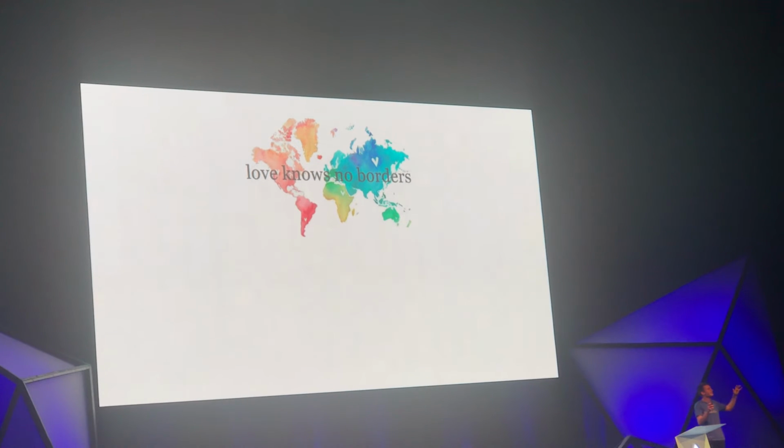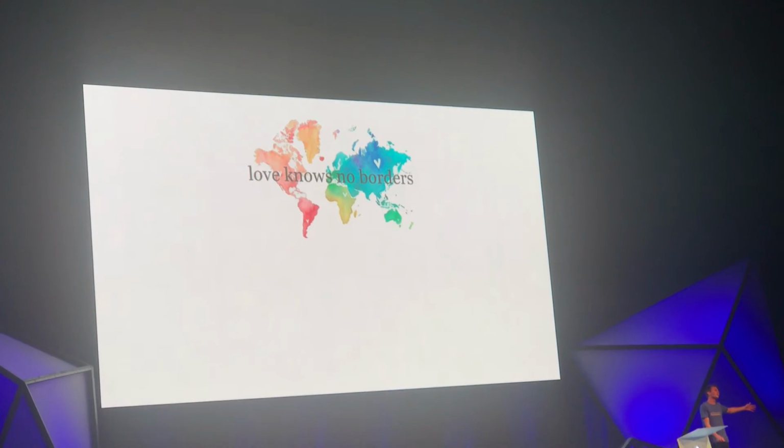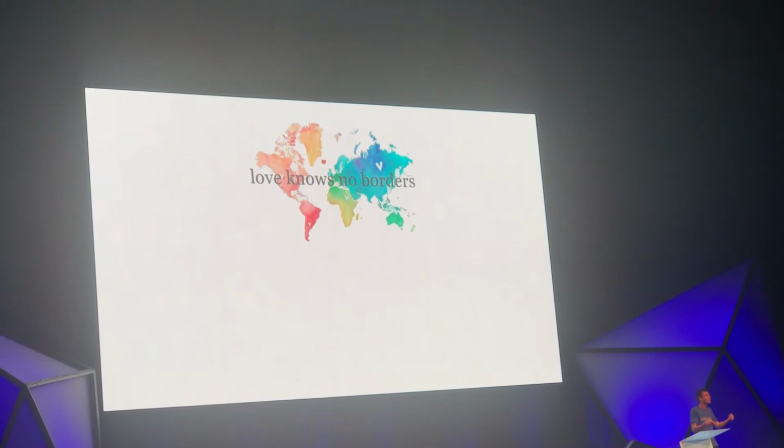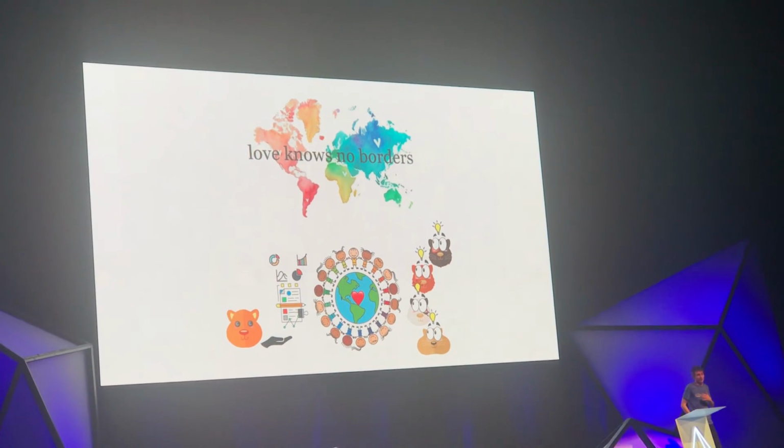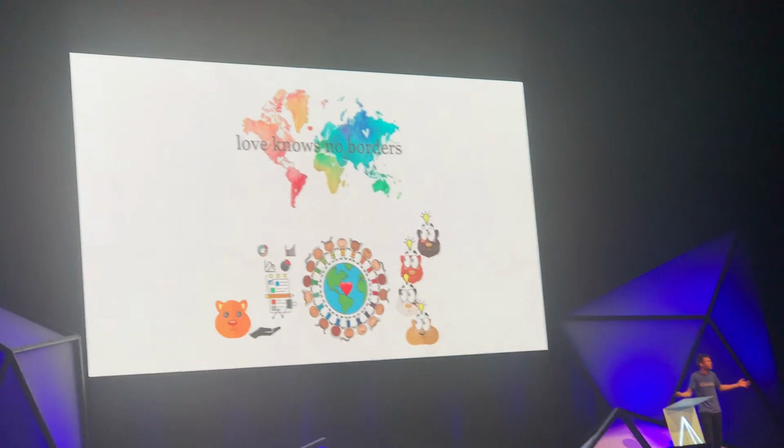Once again, this was the beginning of my talk: we need to make sure that everyone is included, that we spread this information, because everyone has something unique to contribute.